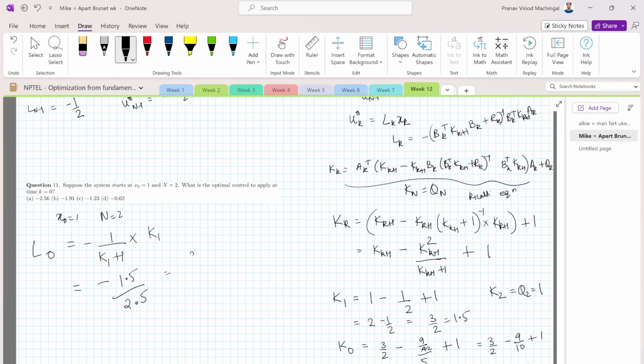It is like 3 by 2 upon 5 by 2. It is minus 3 by 5, which is how much? Which is 0.6. But here the option is 0.62.